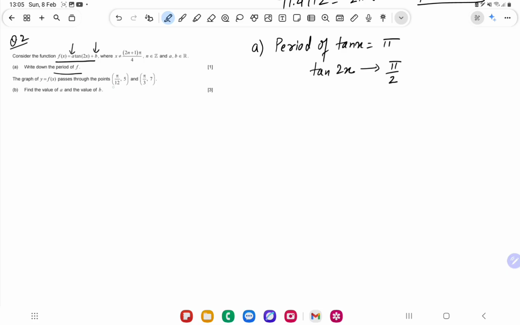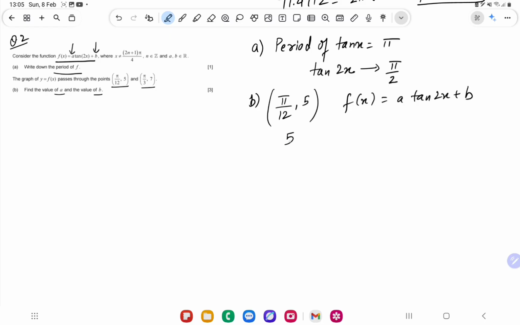Now the graph passes through these 2 points and we have to find the values of a and b. Since the graph is passing through these 2 points, we can start with the first point, where we substitute x as pi by 12 and y as 5 in the function a tan 2x plus b.